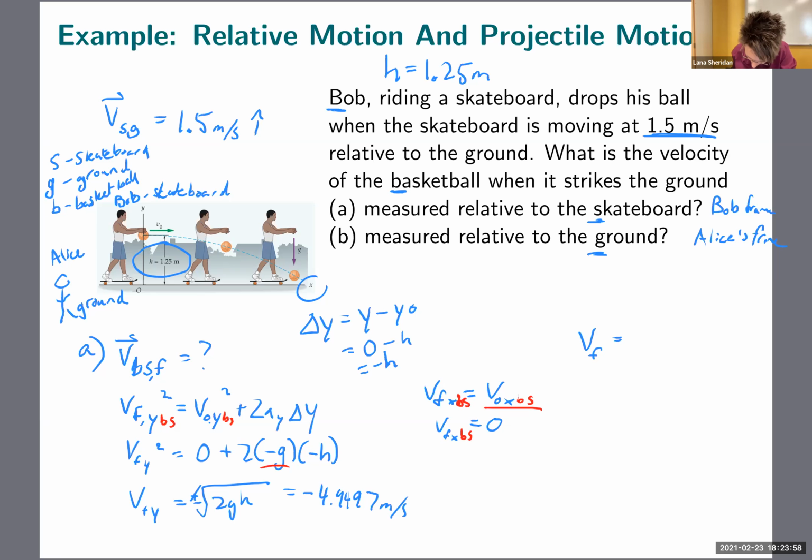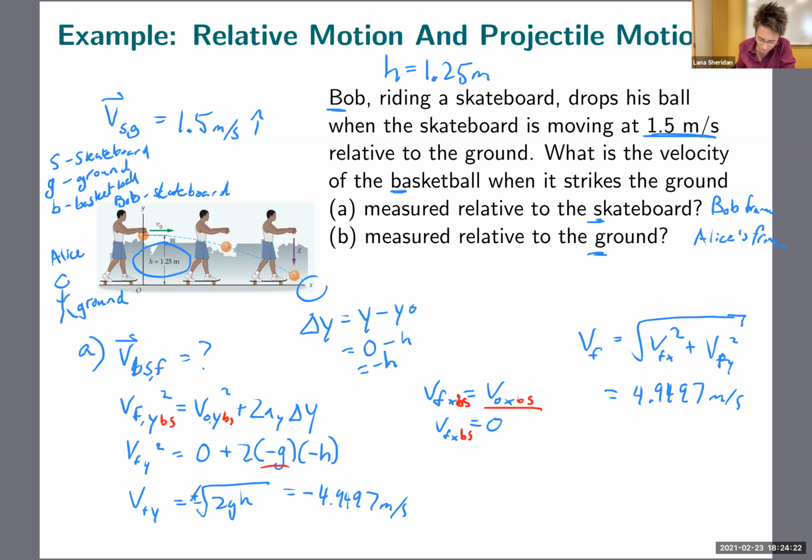We want the velocity. Okay, the speed is going to be the square root of the sum of the squares, 4.9497 meters per second, because there was only the y component. When you square it and square root it, I just get that.